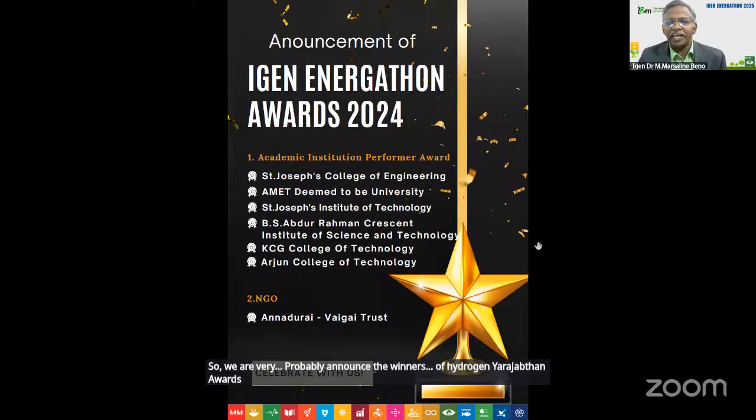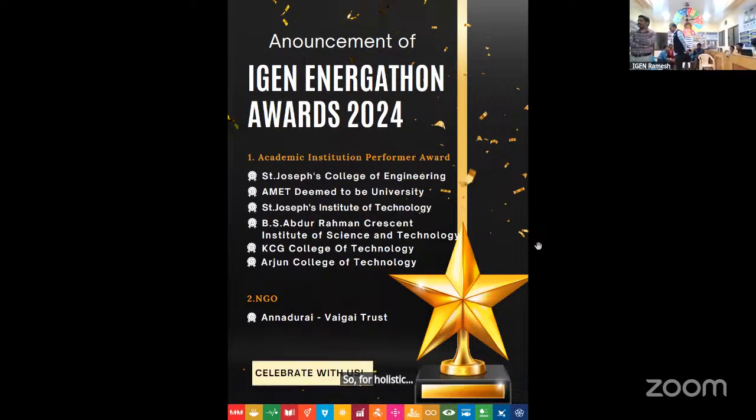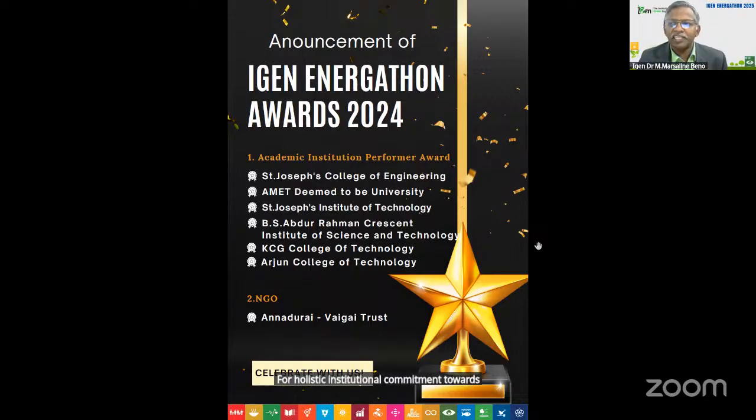First category, Academic Institution Performer Awards, for holistic institutional commitment towards SDGs 7, 9, 11, 12, and 13.